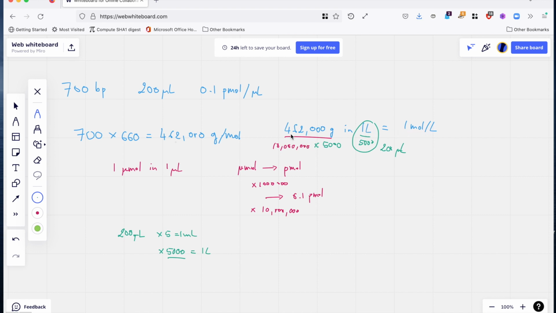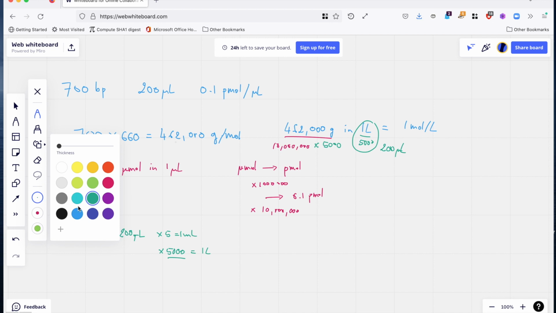We divide by 10 million this mass so that we get a concentration of 0.1 picomole per microliter. But that would be here the mass we need for 1 liter. So we divide by another 5,000 here in order to compensate for the fact that we want a much smaller volume here of 200 microliters. And so in the end, the solution is found by just doing that operation here.